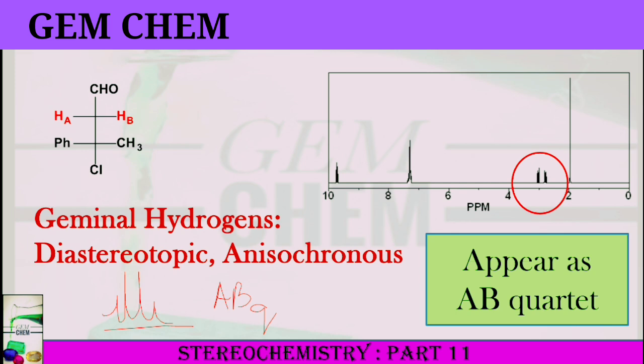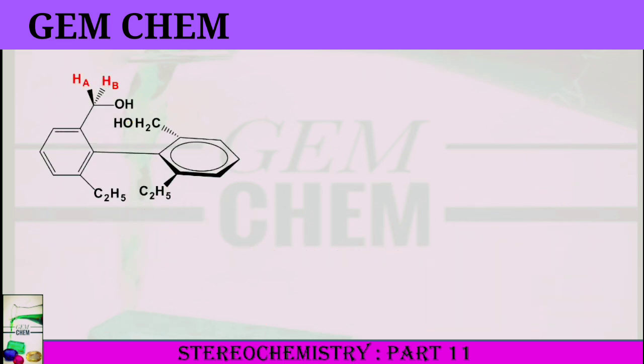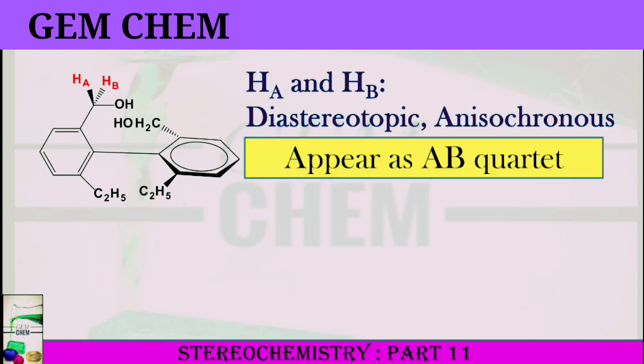Now we are going to shift to our next molecule, that is this one. Here we know that chirality is present due to a chiral axis, and we are going to discuss this hydrogen and this hydrogen. These two are also diastereotopic in nature, and we are going to see an anisochronous shift. Here also we are going to obtain AB quartet.